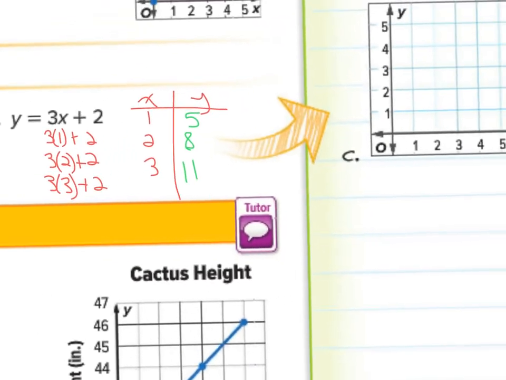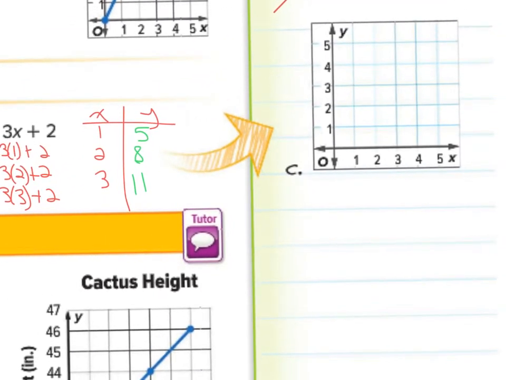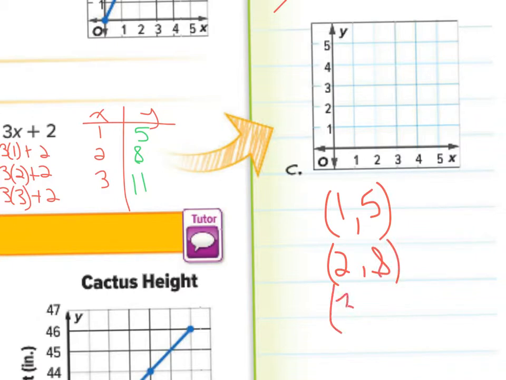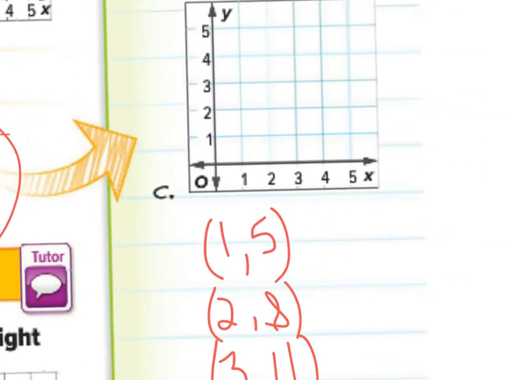I'll write them here first. When my x is 1, my y is 5. When my x is 2, my y is 8. When my x is 3, my y is 11. I'm just copying this over here. Now I can go ahead and graph.